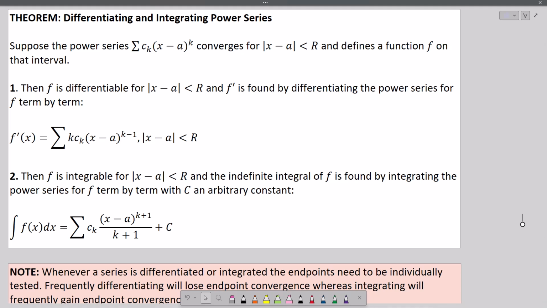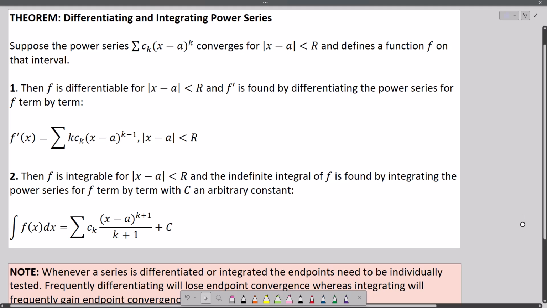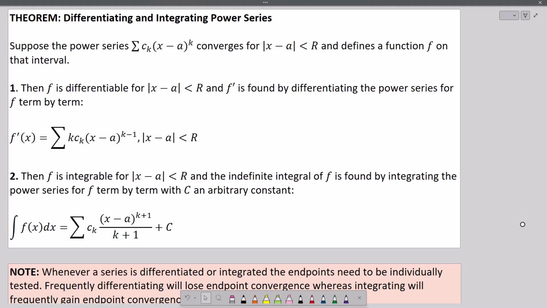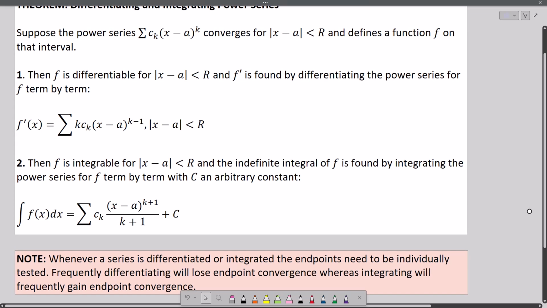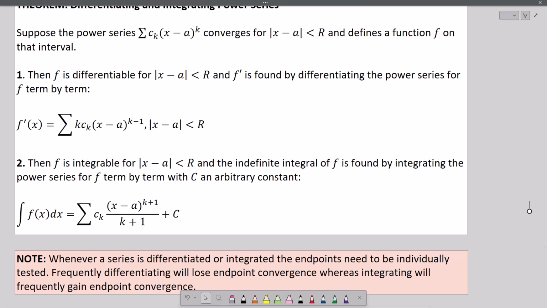These things are polynomials. We know how to differentiate and integrate polynomials. So this says we've got a power series that converges to f on the interval. Now, they didn't use the word converge here. There are some subtleties we're not going to talk about right now. But when we see a power series and we see the function f, we think of them as indistinguishable.